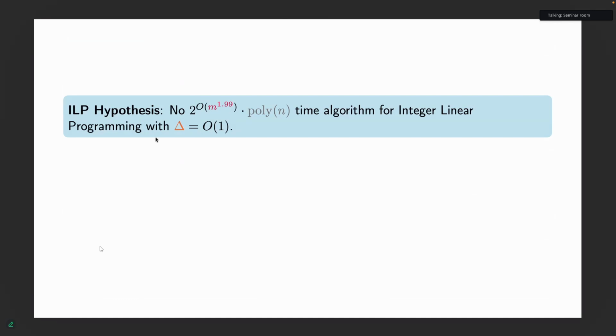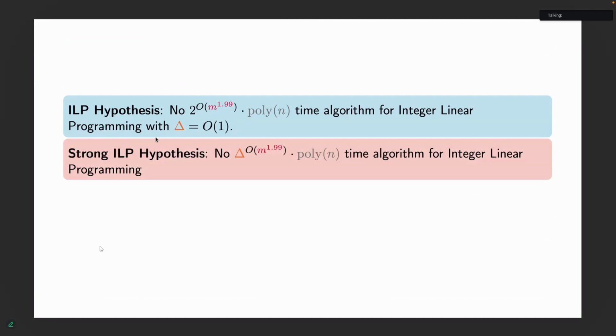I don't know how to prove ETH hardness. We also stated the following hypothesis. It's even stronger: you cannot solve this problem even in time delta to the m to the 1.99 for delta being of order 2 to the m. When it's larger, you can do this actually. So I'll give you these two new hypotheses.